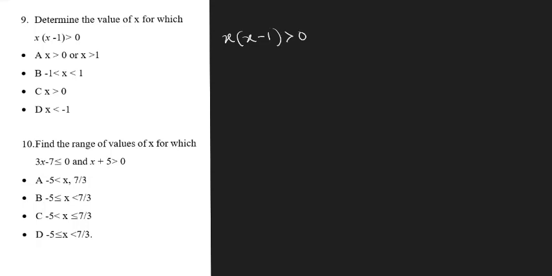If you see this as an equality sign, remember that in a quadratic equation, when you have x into x minus 1 equals 0, you are indirectly trying to say this one here equals 0 and this bracket too equals 0. So it's going to be x equals 0 or x minus 1 equals 0. So that's the same thing we're going to use.